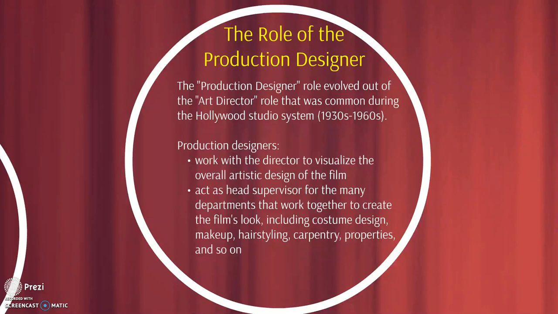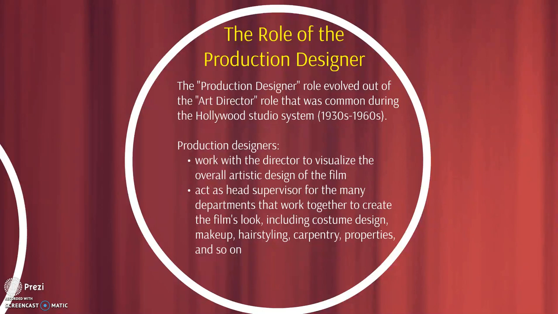So in terms of the roles here, I'm talking a lot about the director, but obviously the production designer is a big part of the mise-en-scene, the visual design as well. The production designer role evolved out of the art director role, which was common during the Hollywood studio system. From the 1930s to around the 1960s, when the independent system became more popular, art directors worked for a single studio, and they helped keep the look of films from that studio consistent across the board, which is why you can watch an MGM film from the 1930s, 40s, or 50s and say, yes, this is an MGM film.